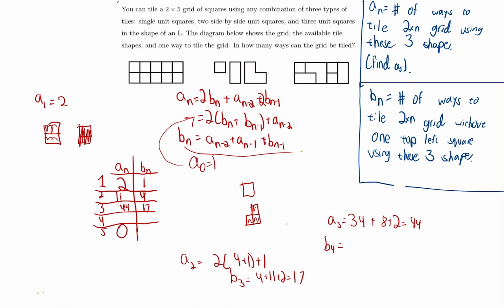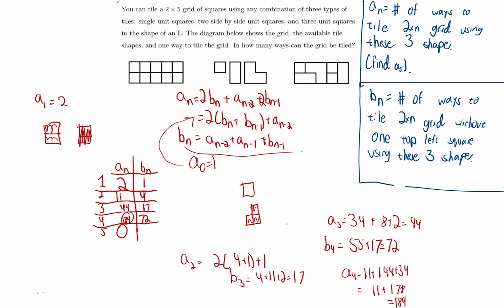B of 4 is equal to 55 plus 17, which is 72. And a of 4 is equal to 11 plus 144 plus 34, which is equal to 11 plus 178, which is equal to 189.